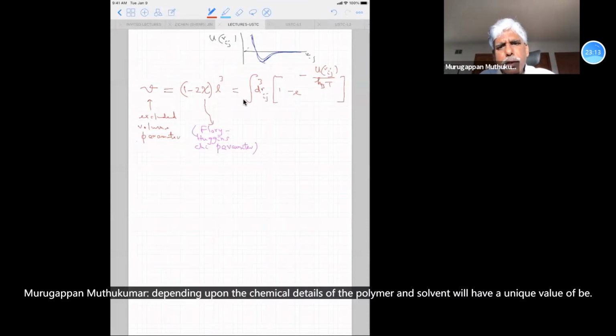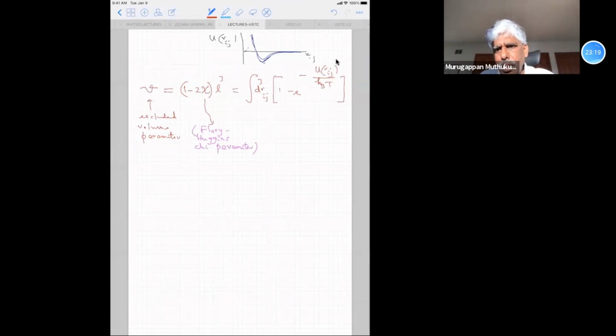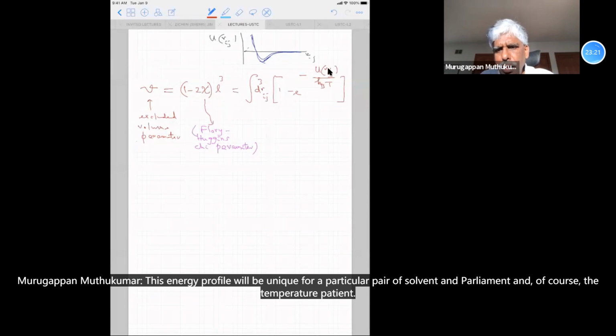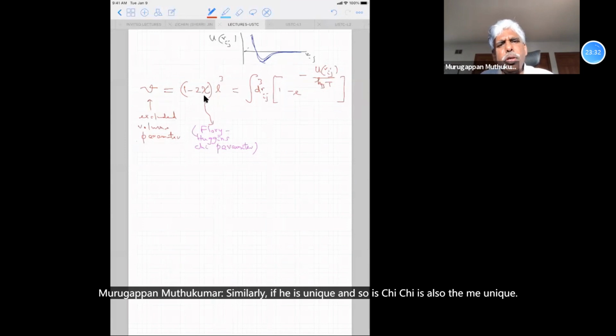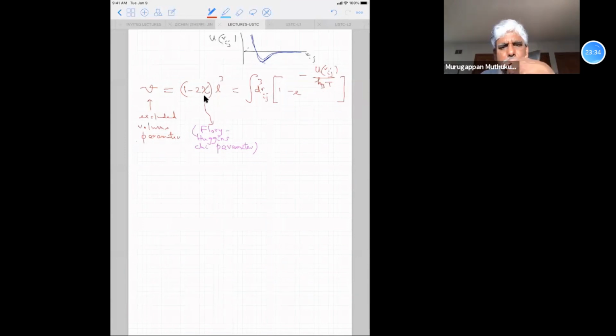Depending upon the chemical details of the polymer and solvent, we'll have a unique value of V, because this energy profile would be unique for a particular pair of solvent and polymer, and of course the temperature appears in here. Similarly, if V is unique, so is chi.